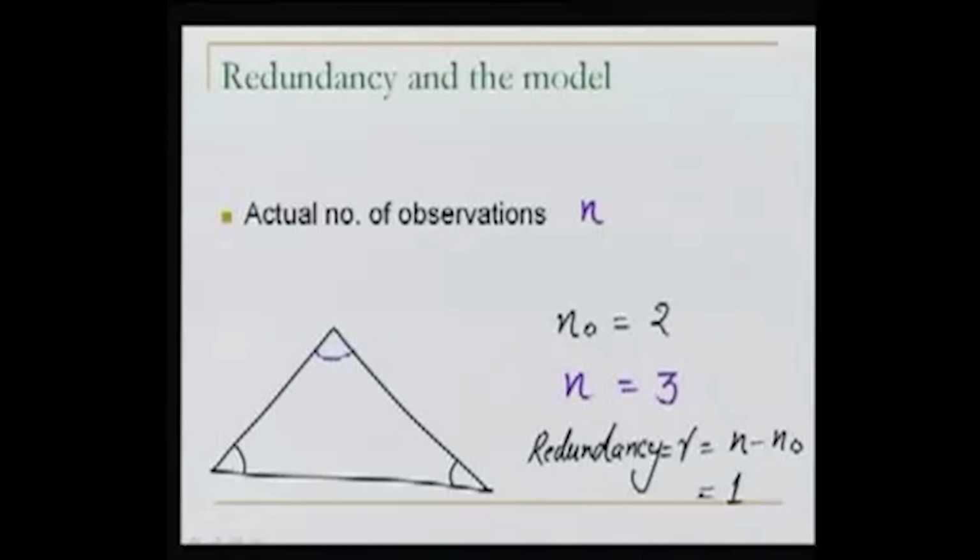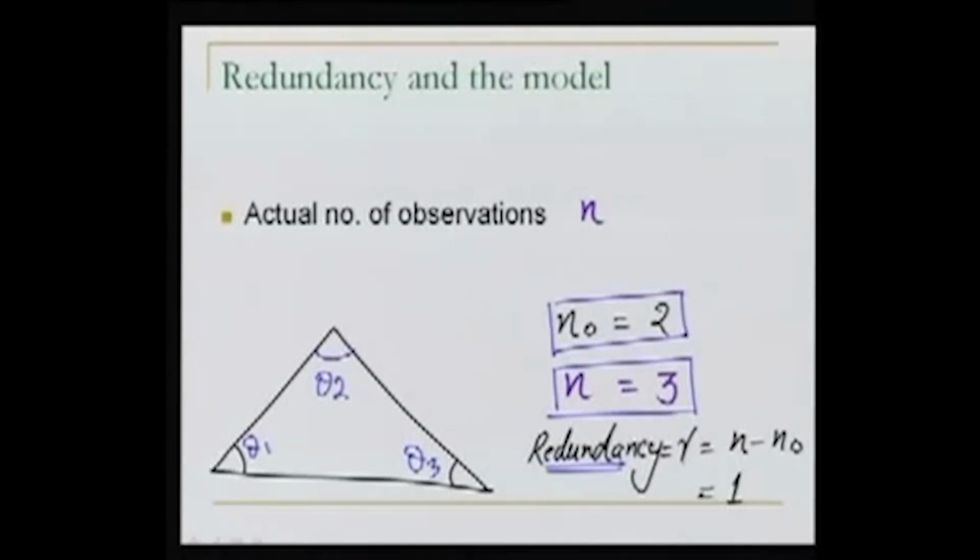But if we have done, let us say, theta 1, theta 2, and to include redundancy, we are doing theta 3 also, we have taken 3 observations. Though the desired is 2, our number of observations is 3. We define the term redundancy as R equals N minus N naught, that means the extra observations.